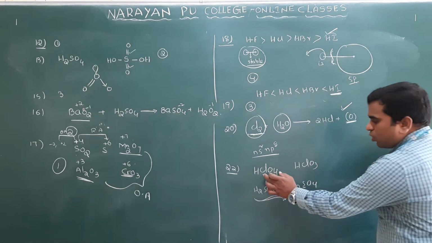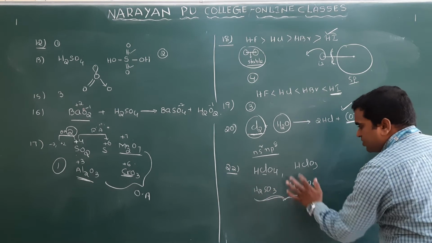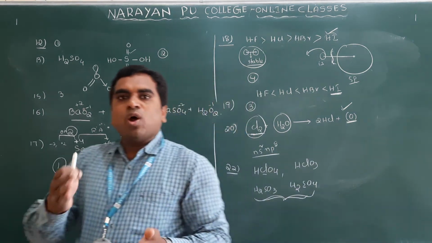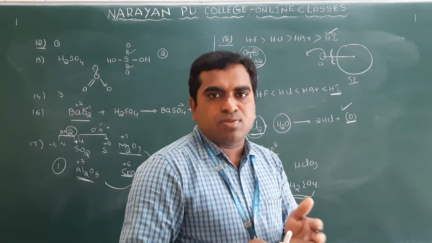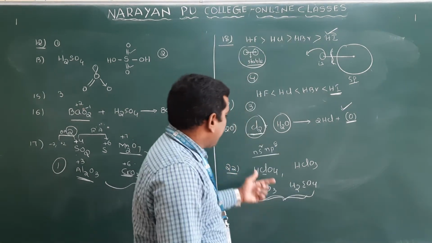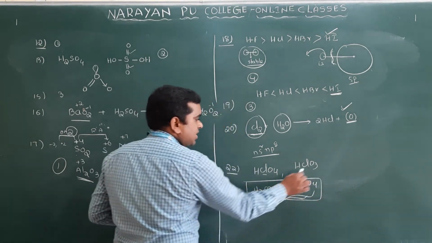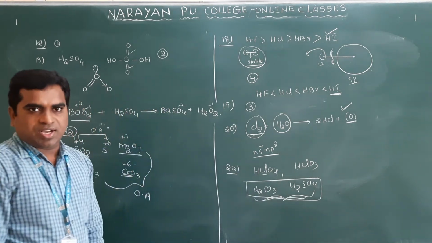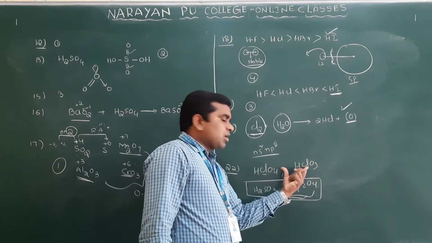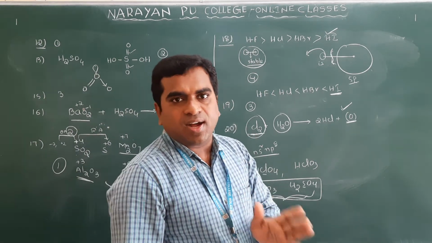Got my point? Here the central atom is chlorine, and here the central atom is sulfur. First of all, you just identify the chlorine oxoacids and sulfur oxoacids. Which one is more acidic? Because chlorine is more electronegative than sulfur, the chlorine oxoacids are more acidic. Between these two, both are chlorine oxoacids only, so the oxidation state decides the acidic character.